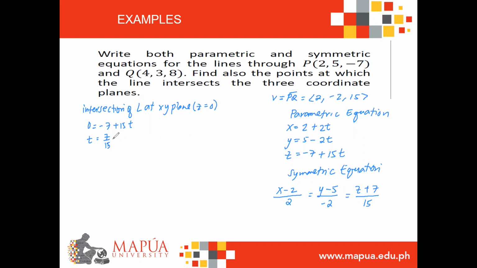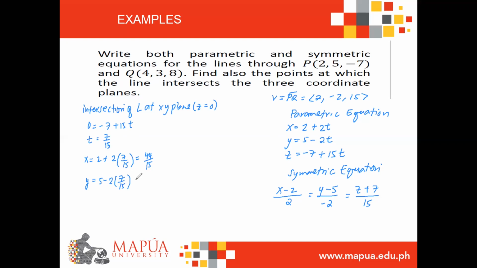Then substituting now this value of t in your x and y equations, we can now solve for x and y. So x is equal to 2 plus 2 times 7 over 15. This will give us the value of x equal to 44 over 15. Then the value for y, substituting t equals 7 over 15, will be 5 minus 2 times 7 over 15.